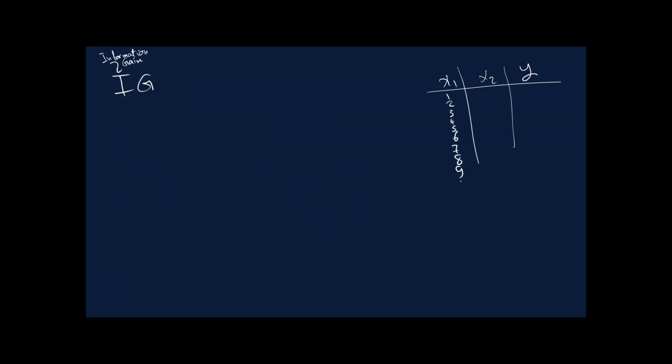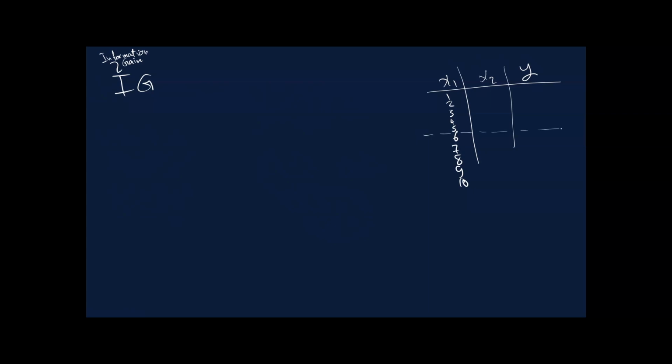So for a decision tree, we have a rule in which we are calculating something that we call the information gain. Okay. And this is the thing that we are trying to maximize. So let's say that we have two features in our dataset, X1 and X2, and we have our true label, something like this, and we have different values.